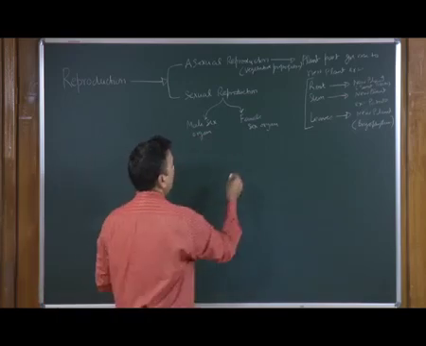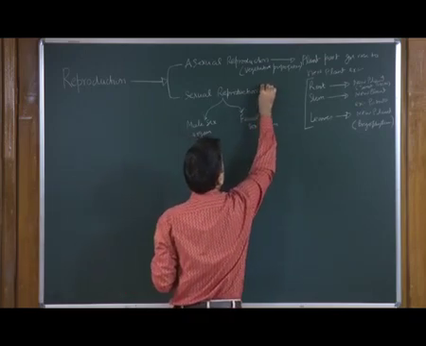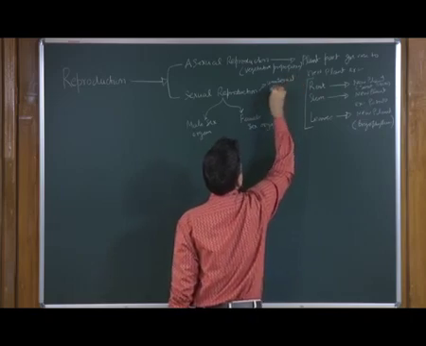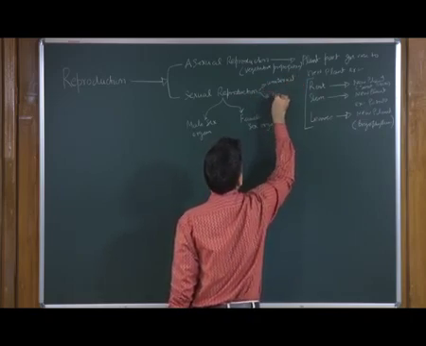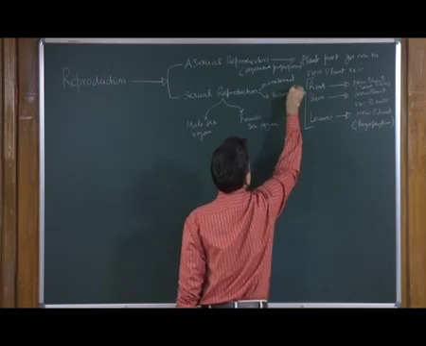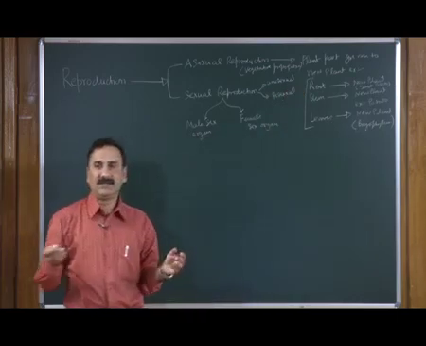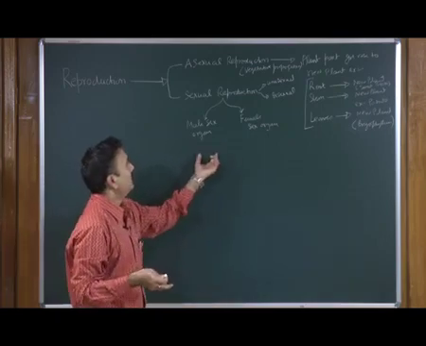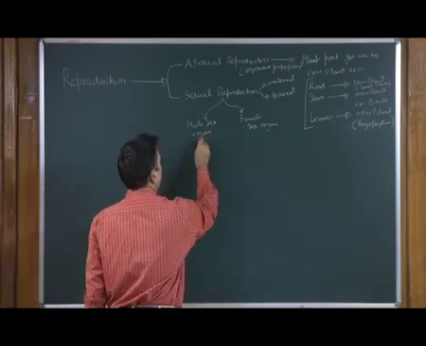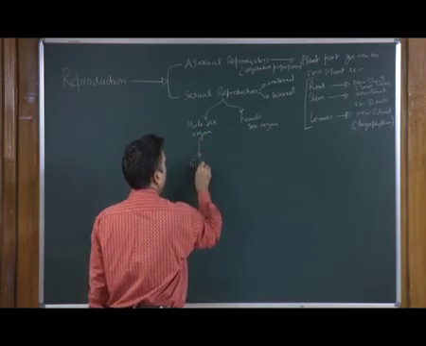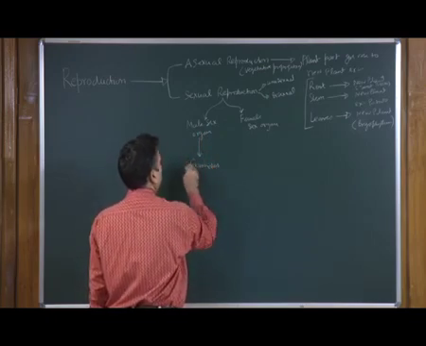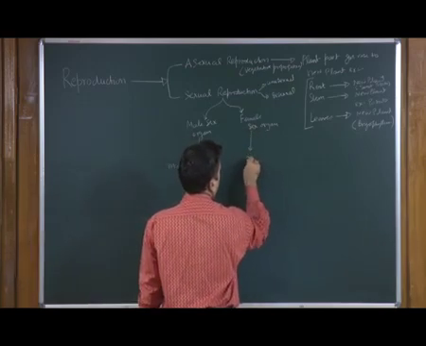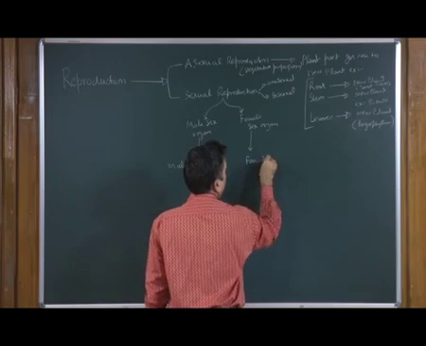Accordingly, the plant can be unisexual or bisexual. The male and female sex organs are going to produce gametes: male gametes and female gametes.